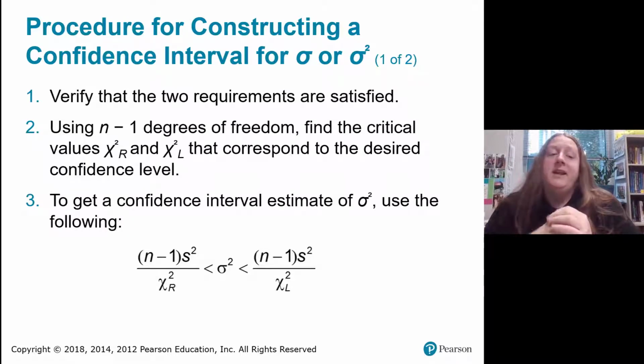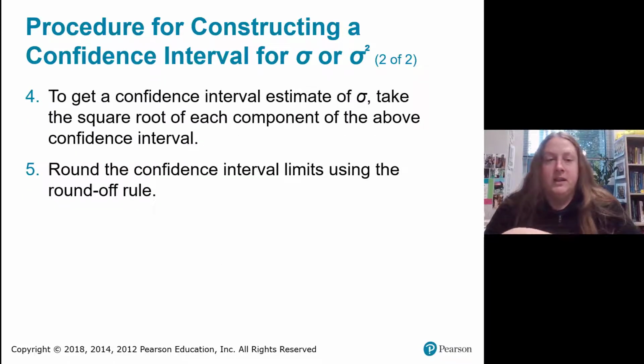Then we're going to use n-1 degrees of freedom and find our critical values for the right tail and the left tail that correspond to the desired confidence level. Then we're going to use our formula to find our interval estimate for our variance. And if we want a confidence interval for our standard deviation instead, we're going to take a square root of everything, and then we're going to apply our round-off rule.